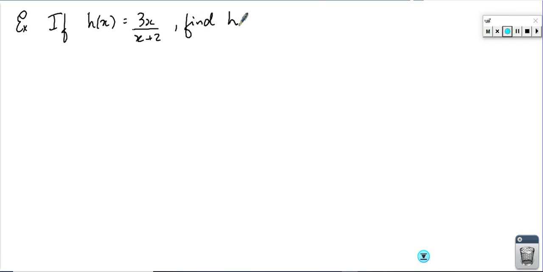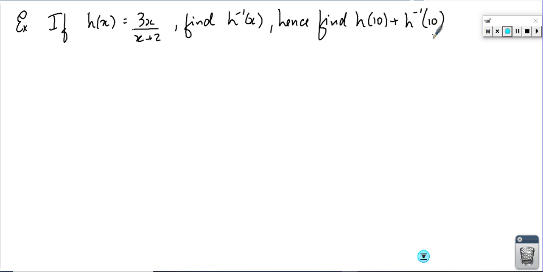Find the inverse function, hence find the value of h(10) plus h^-1(10). So we have two steps. First we need to find the inverse function, then work out that problem.